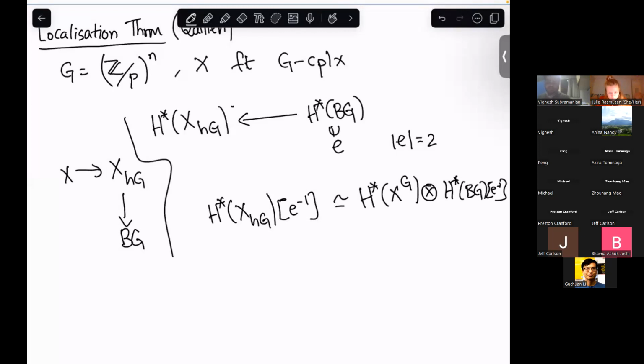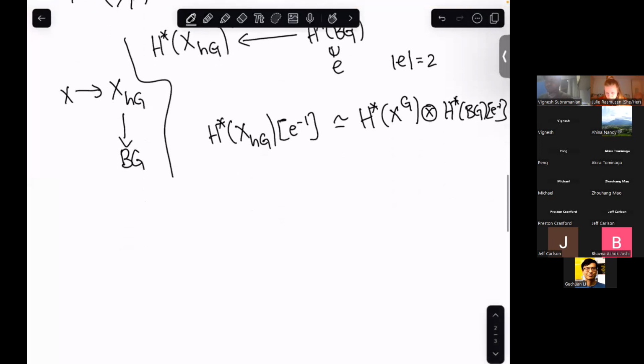I mean, there is a modern interpretation of this. Maybe we'll come back to this later. But people are familiar with the Tate construction. This is some sort of Tate cohomology that you can take.